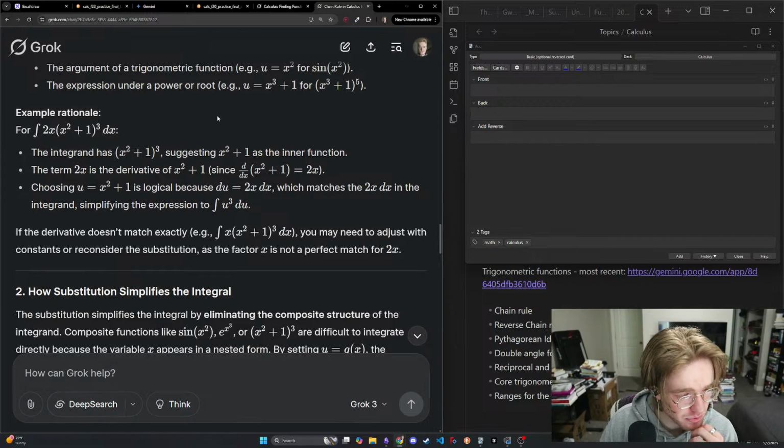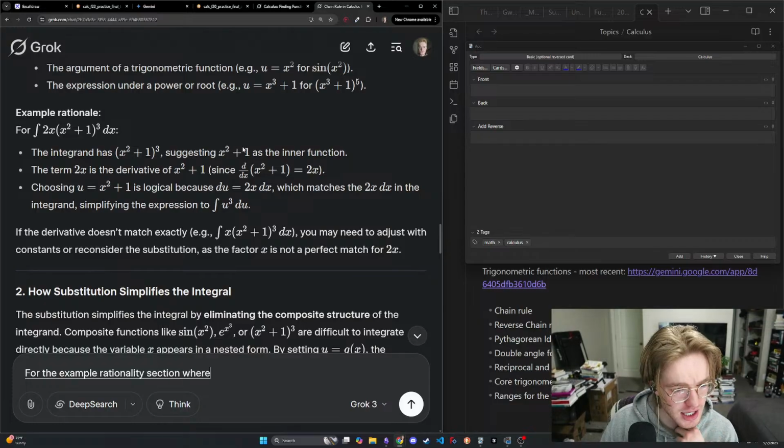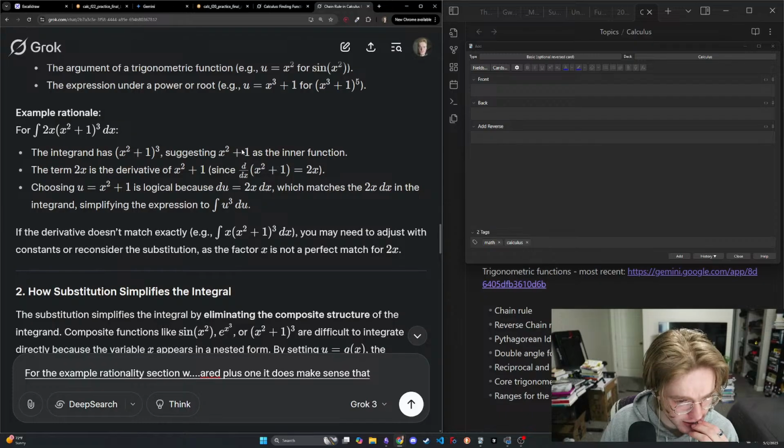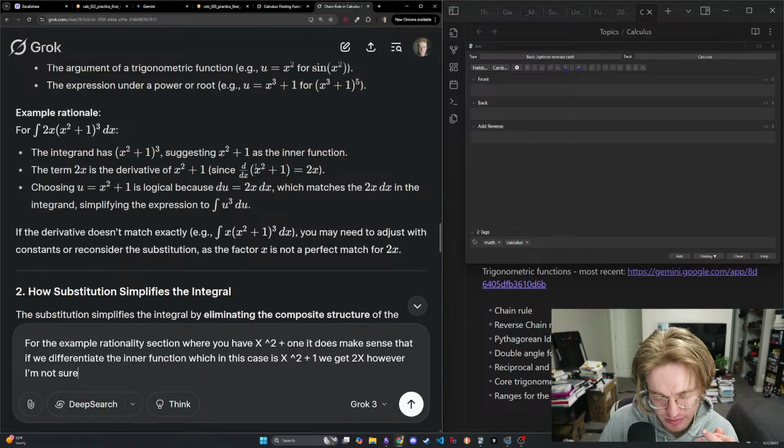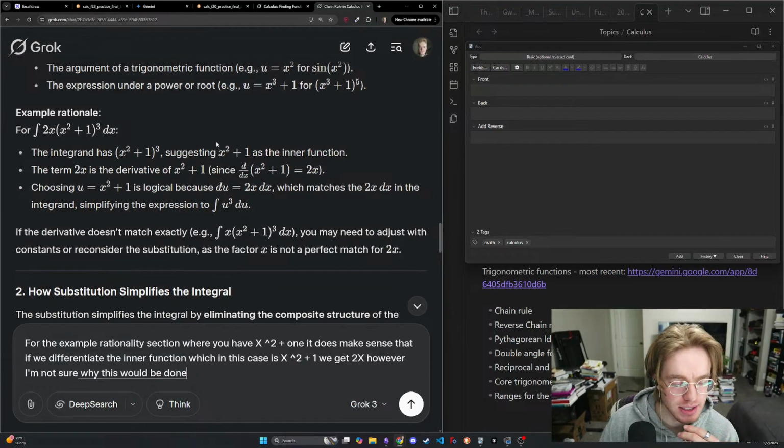For the example rationale section where you have x squared plus 1, it does make sense that if we differentiate the inner function, which in this case is x squared plus 1, we get 2x. However, I'm not sure why this would be done.